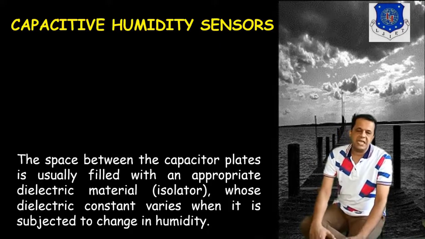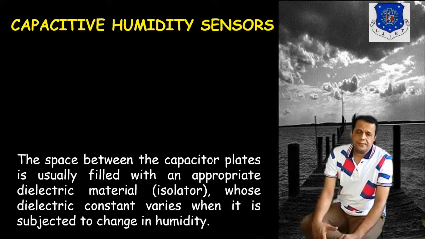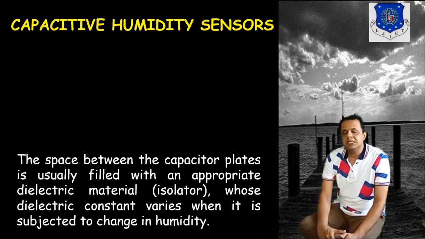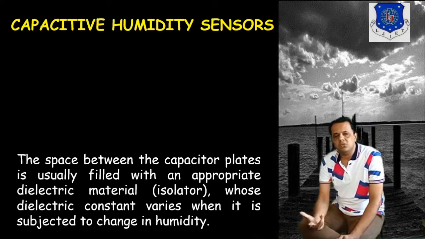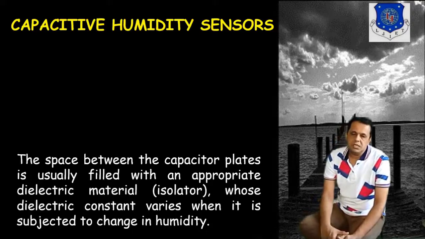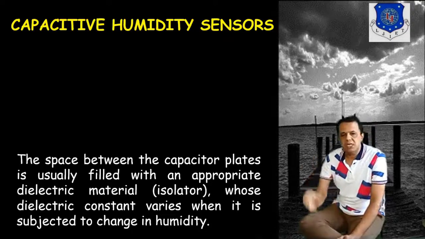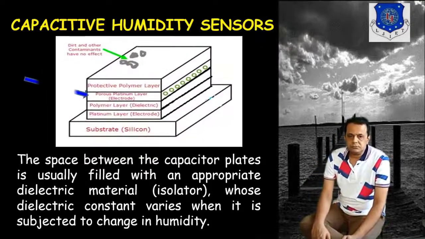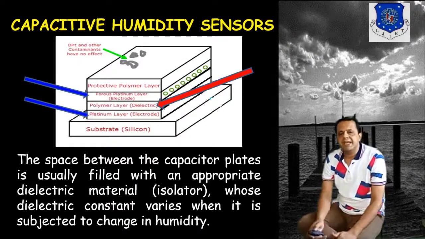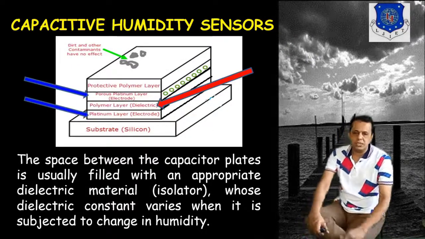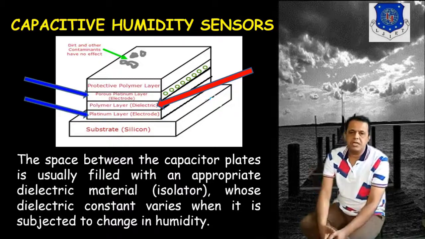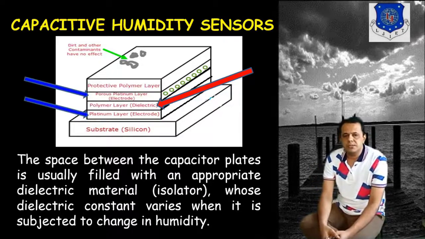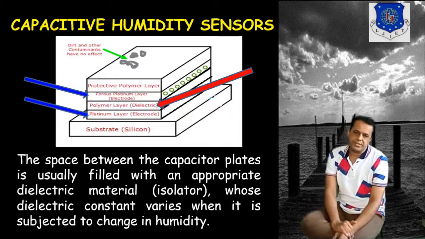We started with the air-filled capacitor, but we may have some other dielectric material whose dielectric constant will vary with the change in humidity. Here is a diagrammatic presentation. For the modern capacitive humidity sensor we will be using polymer material which is sensitive to hygroscopic properties.